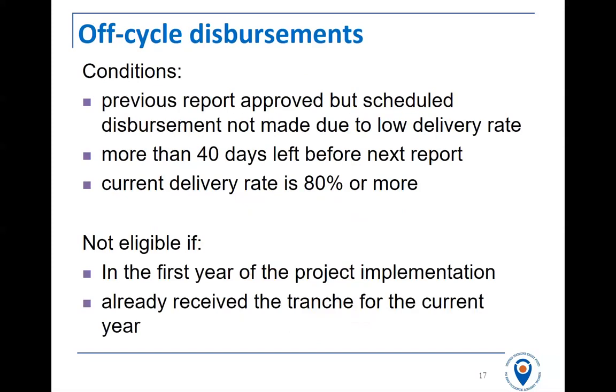Slide 17 is about what if you need your money at a different time than the annual. Off-cycle disbursements is just a fancy way of saying: normally we give your installments once a year, but what if for whatever reason you didn't spend enough in year one and you end up spending your tranche by 18 months, and at that 18-month point you need your next installment, and that's before the second year is up?